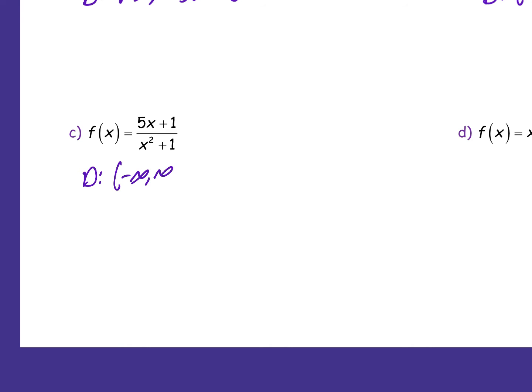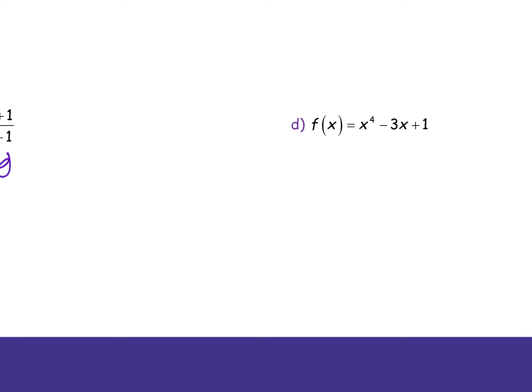Everything. Negative infinity to infinity. Yes, Daniel, good. And D, of course, is a polynomial, so that means my domain is negative infinity to infinity. Good.